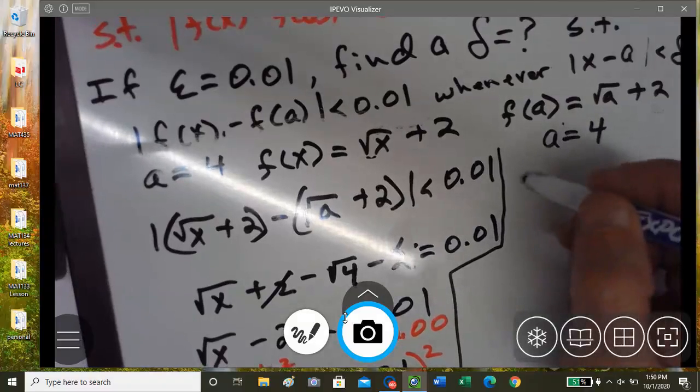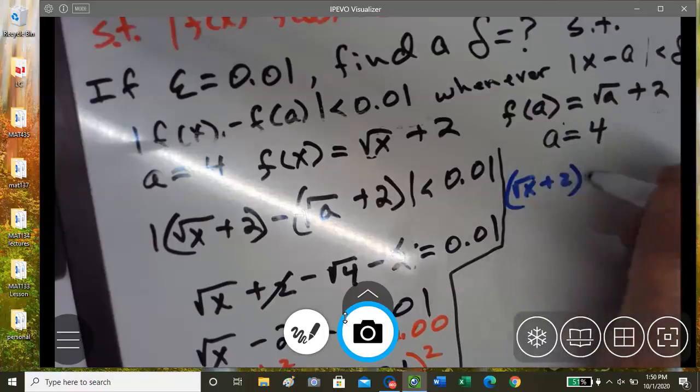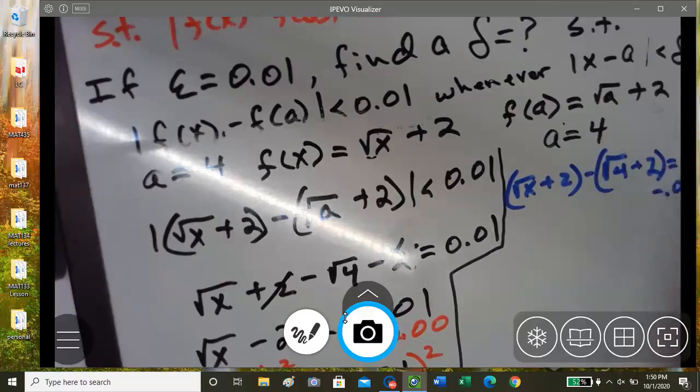So this will be square root of x plus 2 minus square root of, we already know a is 4, so we can substitute that in, 4 minus 2, or plus 2 rather, and that equals negative 0.01.